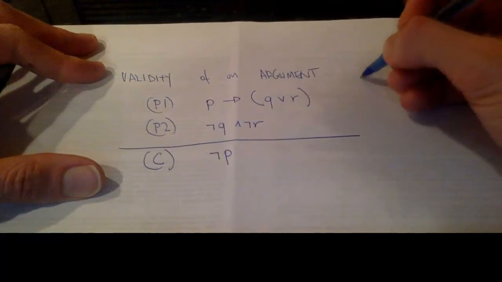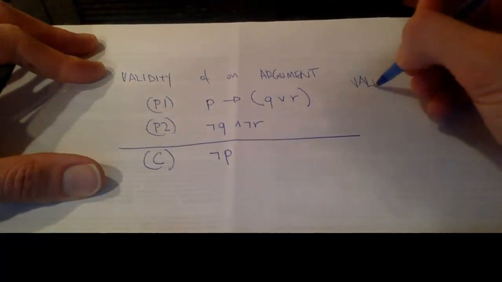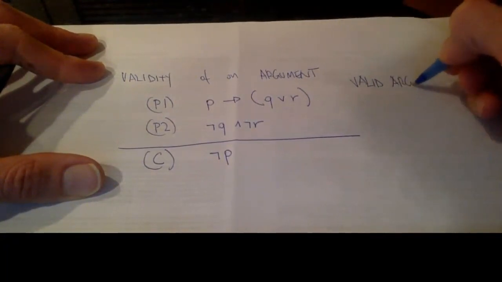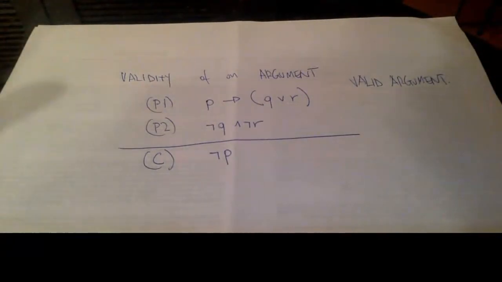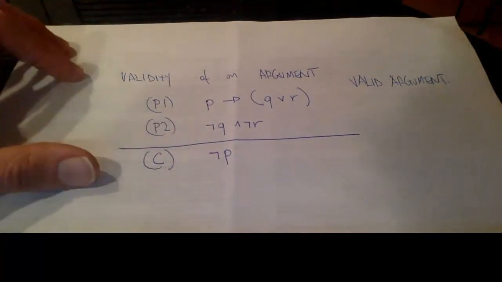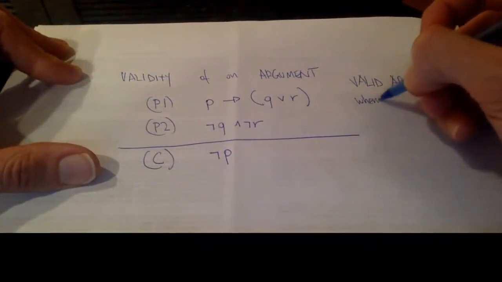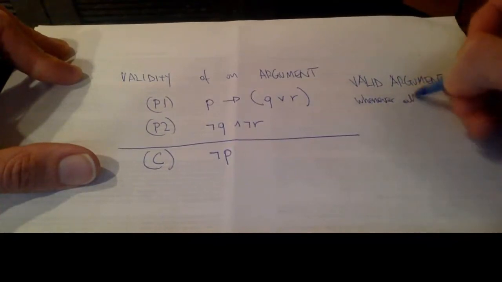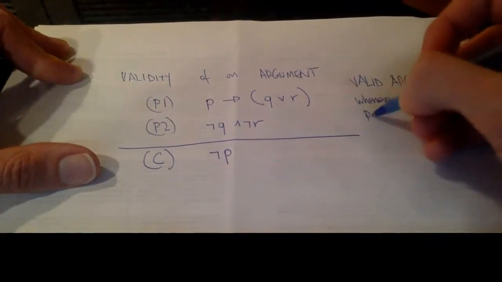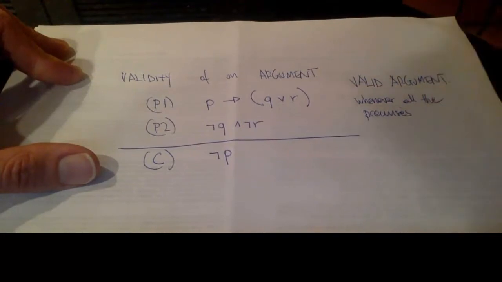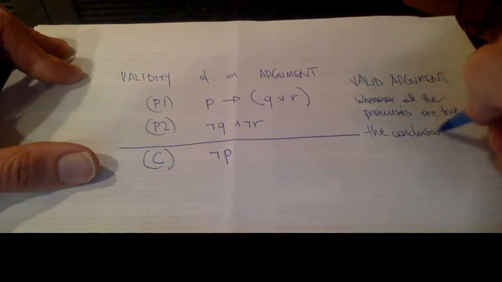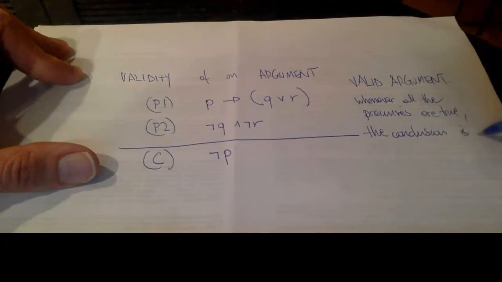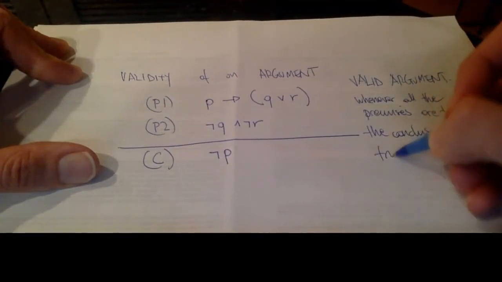Now I'm going to write here the definition of a valid argument. A valid argument is an argument such that whenever all the premises are true, the conclusion is also true.